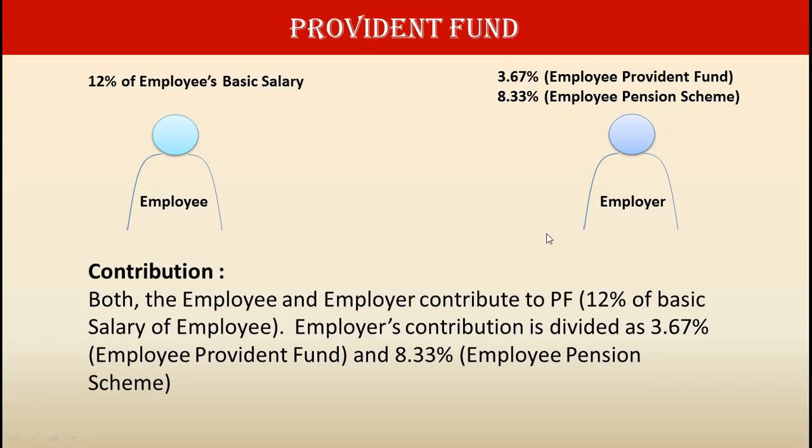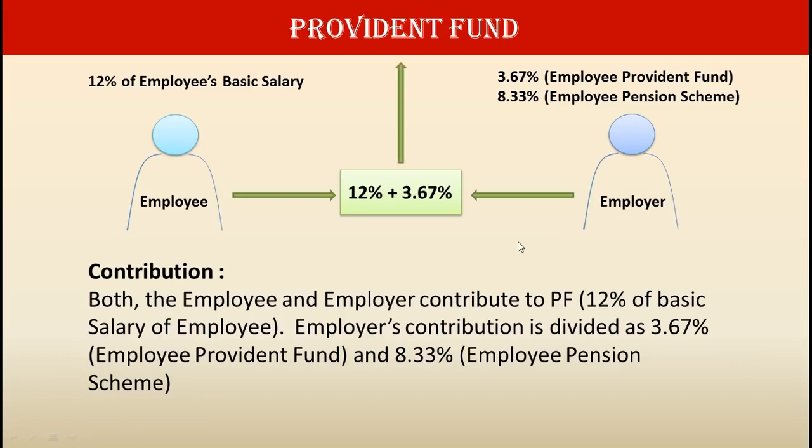So this is one important thing to note. What exactly happens over here is 12% comes from the employee's basic salary and 3.67% comes from the employer, and then it is contributed towards the provident fund. That's the process of contribution towards the provident fund from both parties.